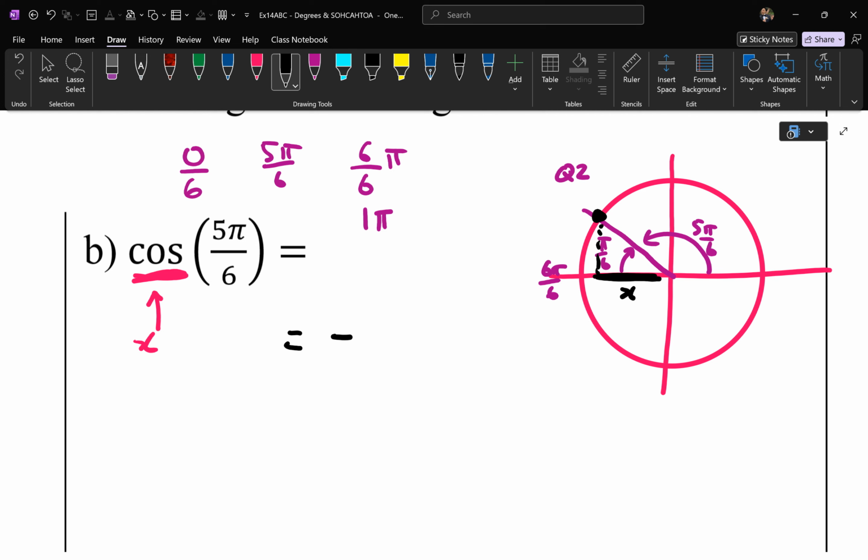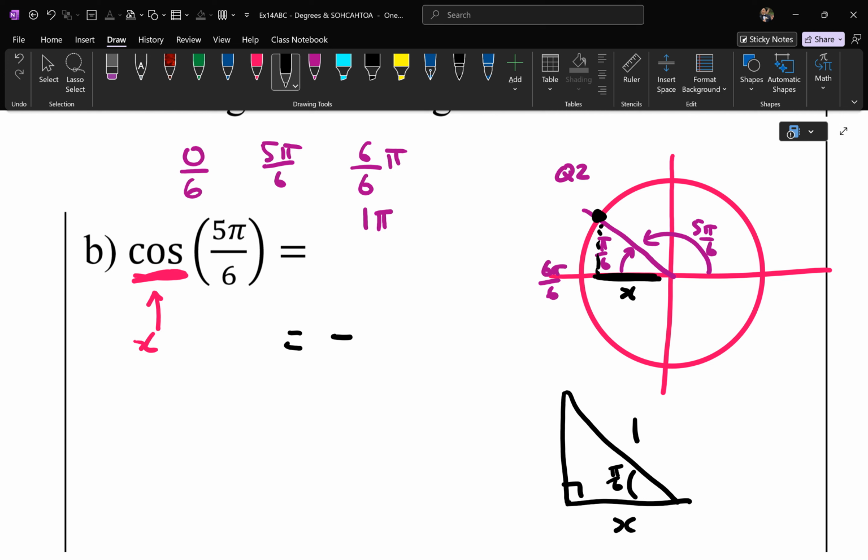So what angle or distance is this? If this is 5 pi on 6, this leftover must be pi on 6. If I drew out that triangle, we know this is pi on 6. Well, it's not really the angle, but it's in radians. That's pi on 6 here. It's 90 degrees here, and the hypotenuse is 1.